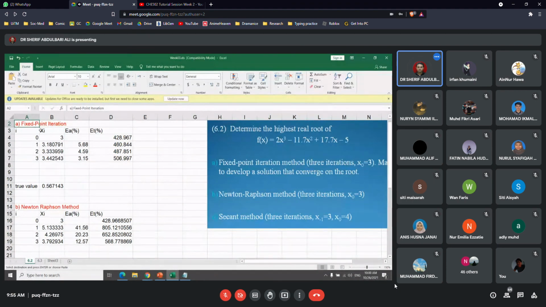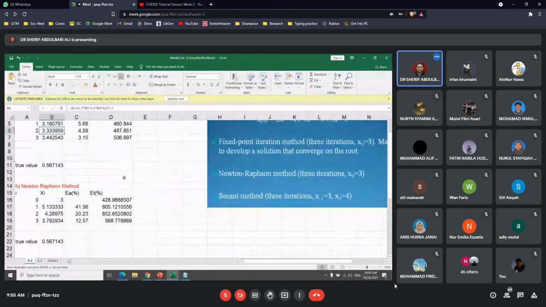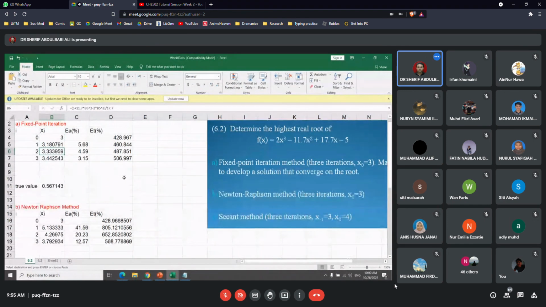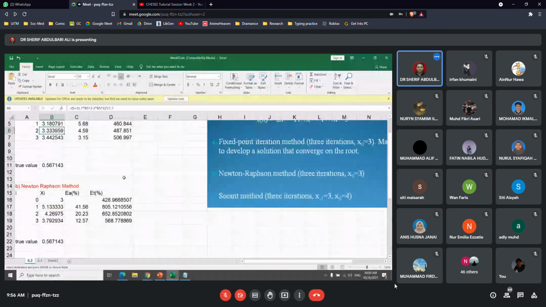So this is the answer for the fixed point. And this is for the Newton-Raphson. The answer for the secant method.